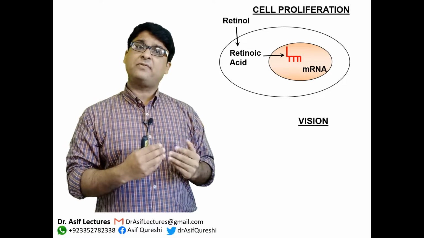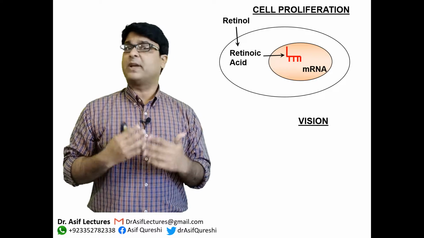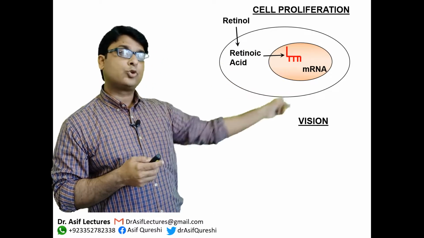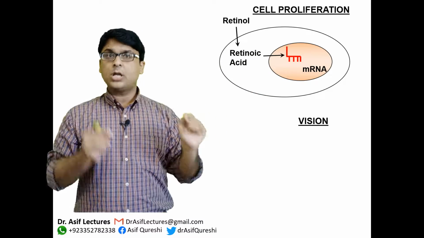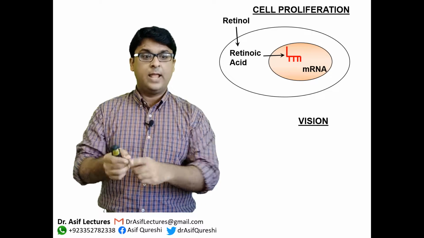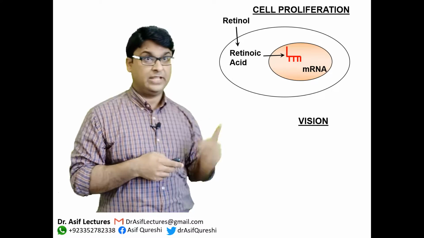So in vitamin A deficiency, epithelial turnover is disturbed. Mucous membranes become dry and disturbed. Okay, so this is an important function, and you should remember the mechanism. How does it work? Gets into the cell, activates the transcription machinery. So it is basically acting like a fat-soluble hormone in this particular case.